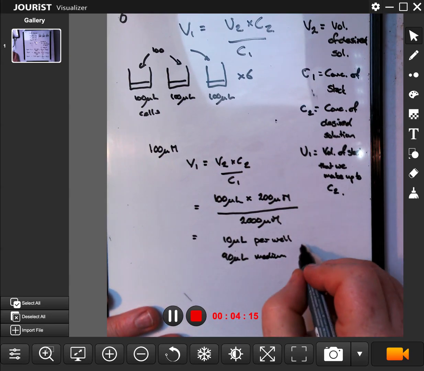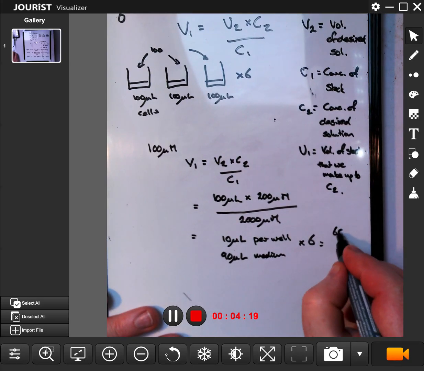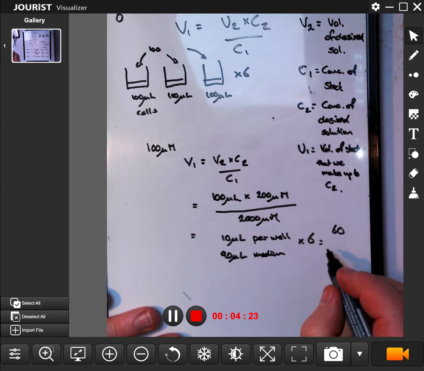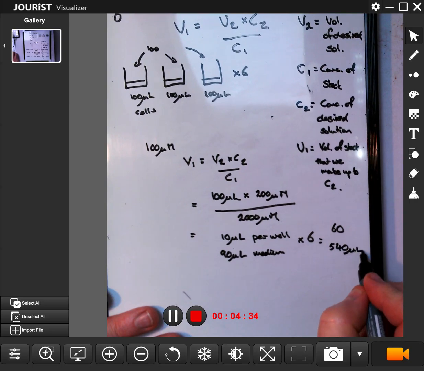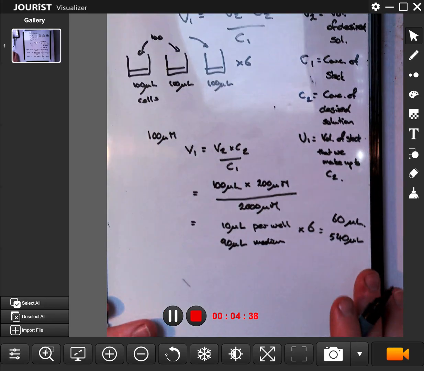And that's all going to be multiplied by 6. So it's going to be 60, and 6 nines. That's the first one done.